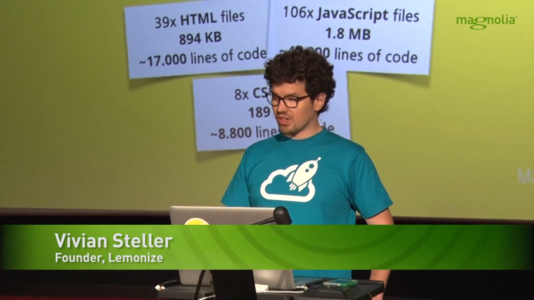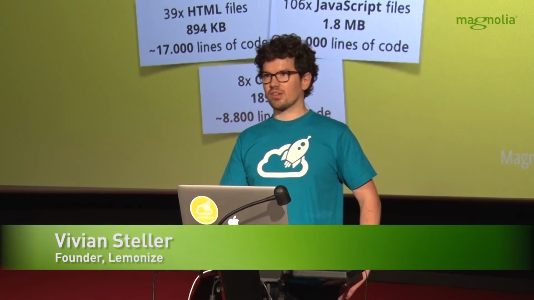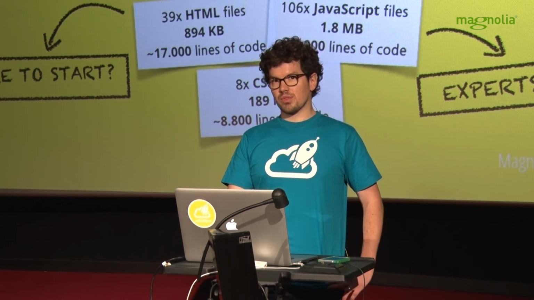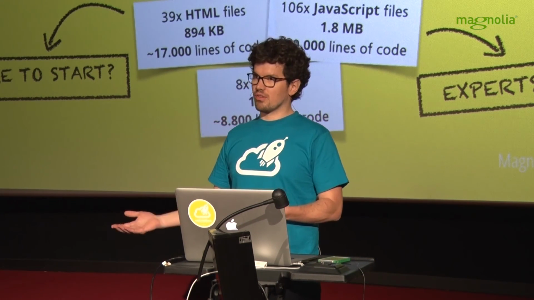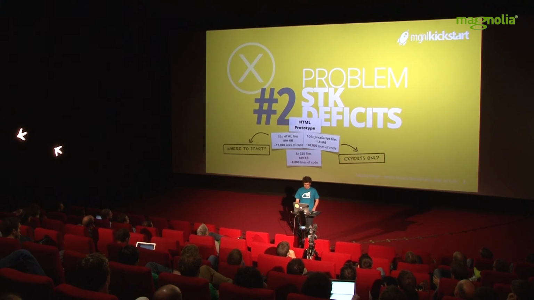We have 1.8 megabytes of JavaScript in there. We have 8,800 lines of CSS code in there. If you try to start with it, it's quite hard to get where to start. What can I get rid of, or do I have to take it all? I don't know how to do it really. And I think there are only few people around who are experts enough to do this. So this is really something for experts.